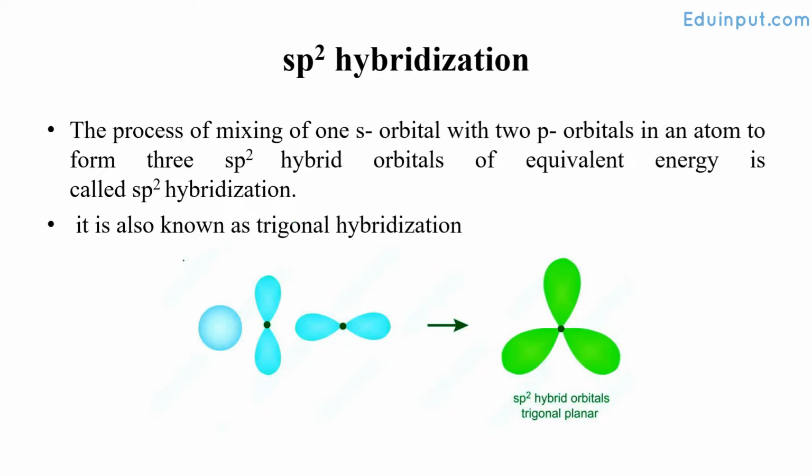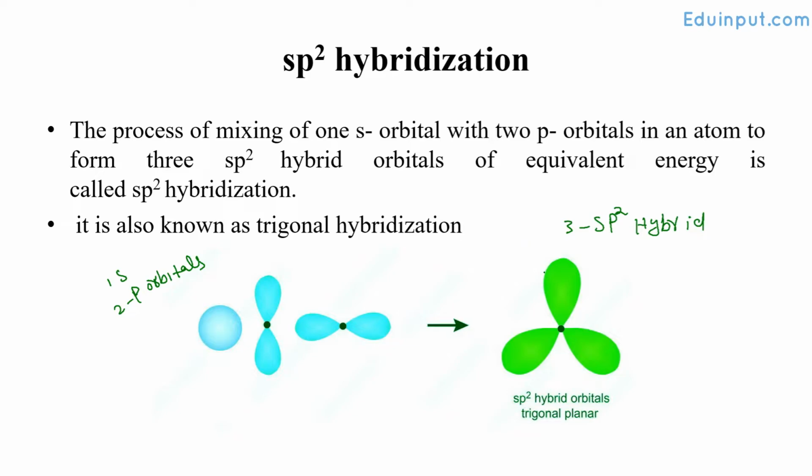So we see that one s orbital and two p orbitals participate in the formation of three sp2 hybridized orbitals. It is also known as trigonal hybridization because the resultant geometry of the molecule is trigonal.